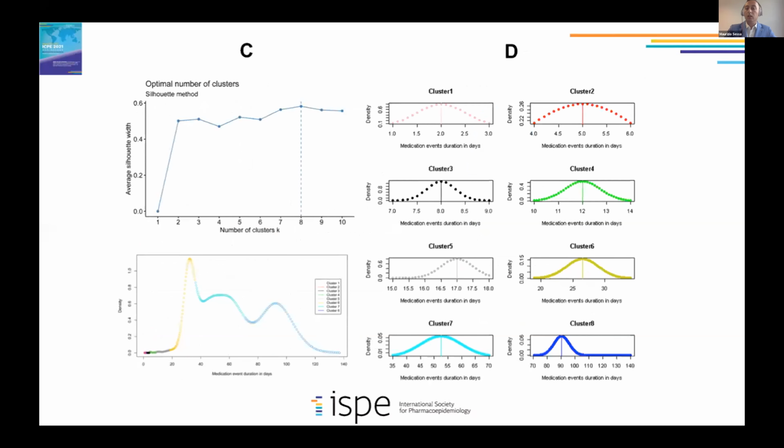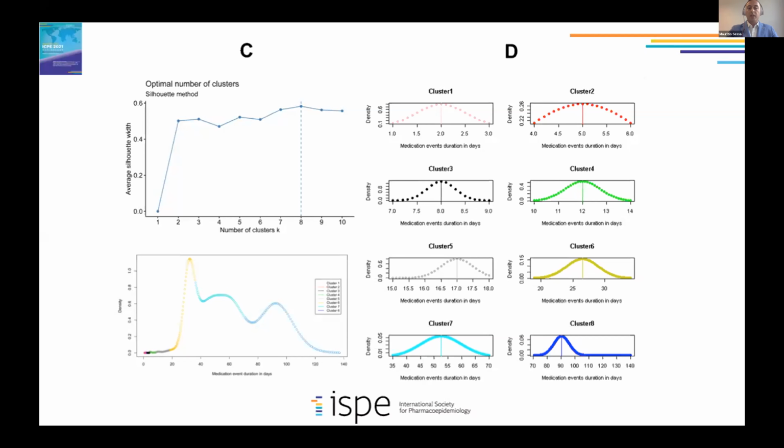Regarding these individuals that we have now identified in our study population, there will be a clustering, which is based on individuals that have similar durations of these sequential prescriptions. And this clustering is done by using machine learning, and in particular, k-means clustering.